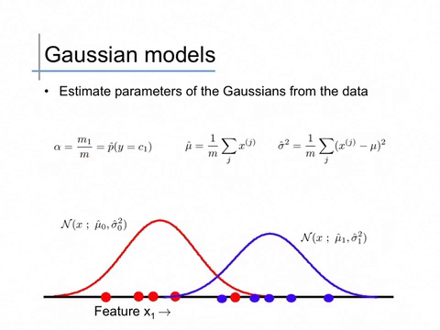So we take all the data with class 0, here the red class, and use it to estimate the mean and variance of those data. And then separately, we would take all the data where class 1 occurred. We would use those to estimate the mean and variance of the class 1 data. And this would give us two models, P of X given class 0, P of X given class 1, and we can apply Bayes' rule to calculate P of each class given X.